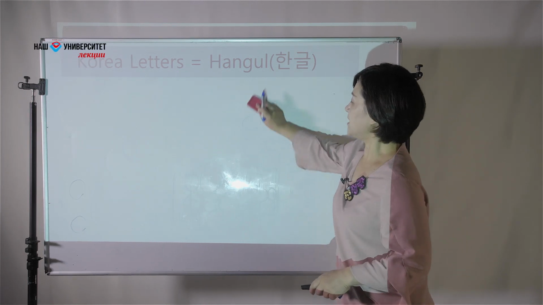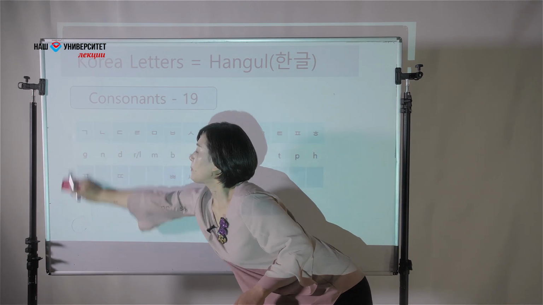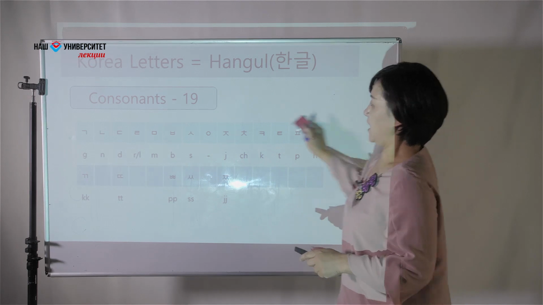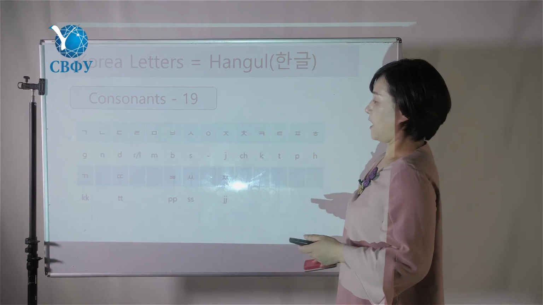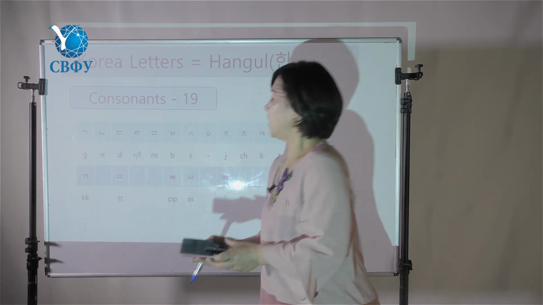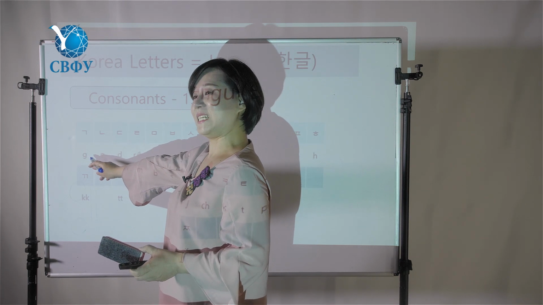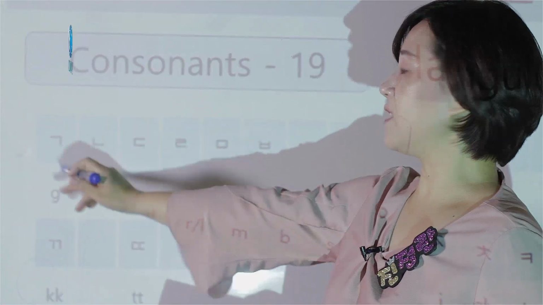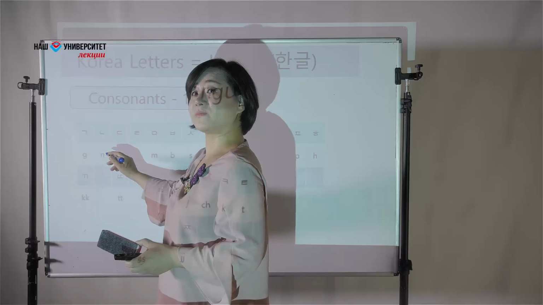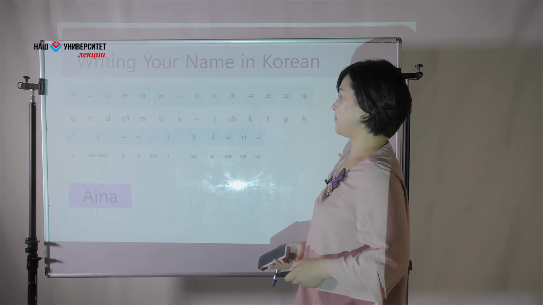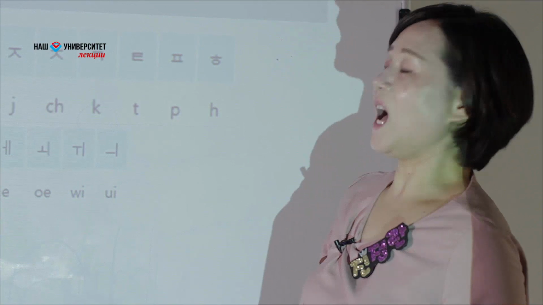And for consonants, there are 19 consonants. This consonant sounds like this, but if you write it double, it sounds like a k sound.